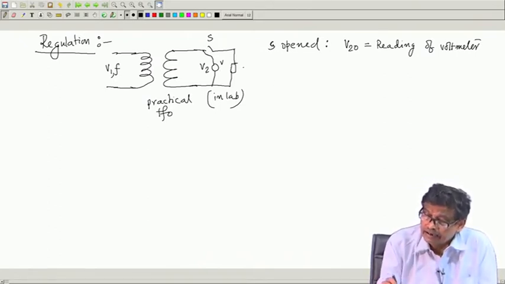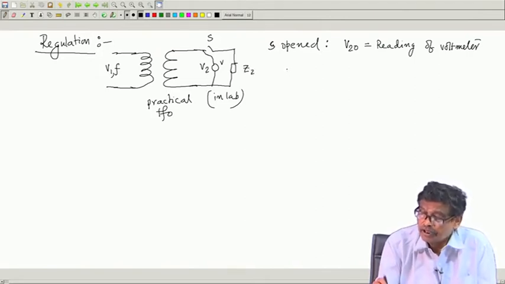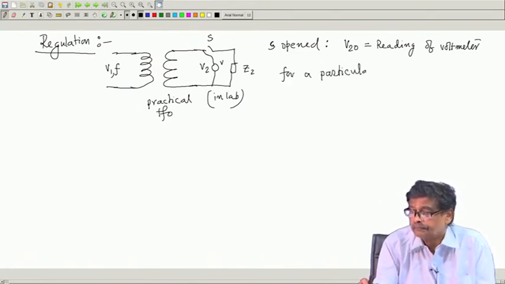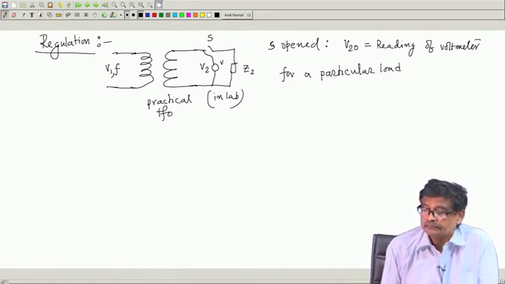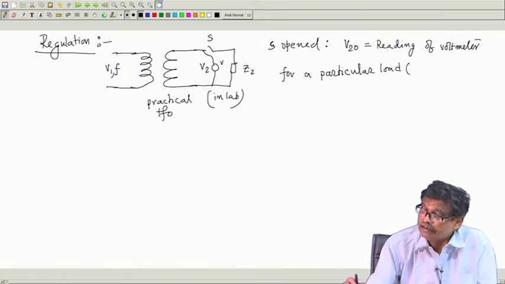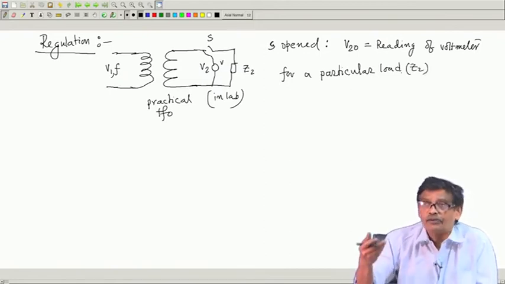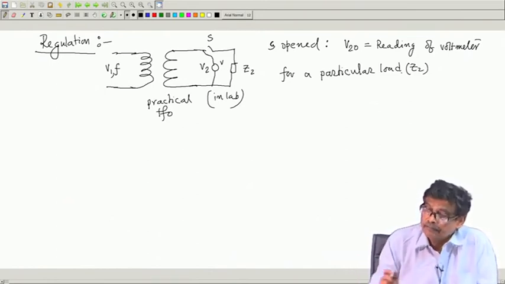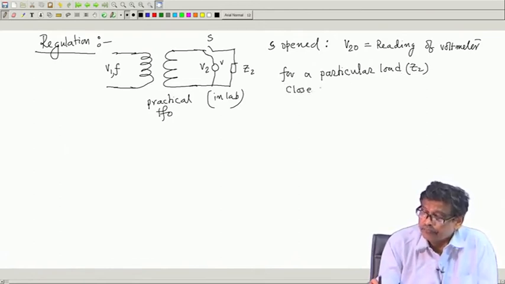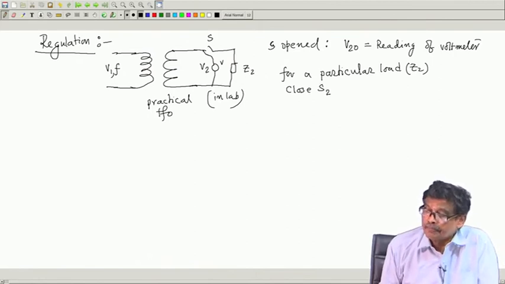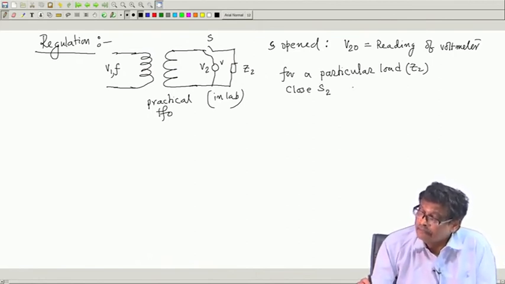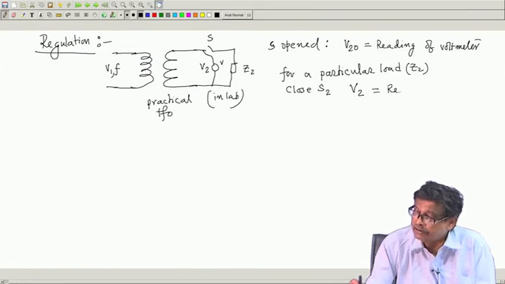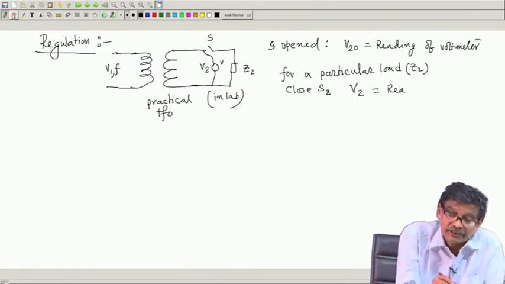Then connect a particular load, that is Z2, or in terms of kVA, kilowatt, power factor, etc., in whichever way it is specified, connect that load, close S, and measure once again the terminal voltage, the reading of the voltmeter.